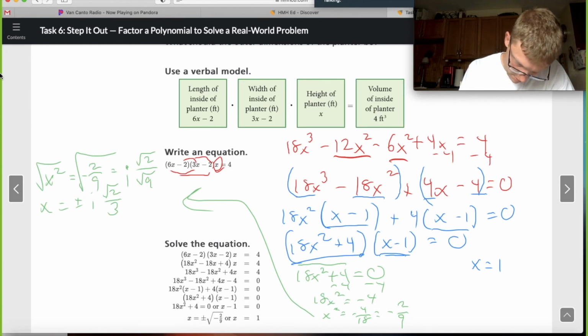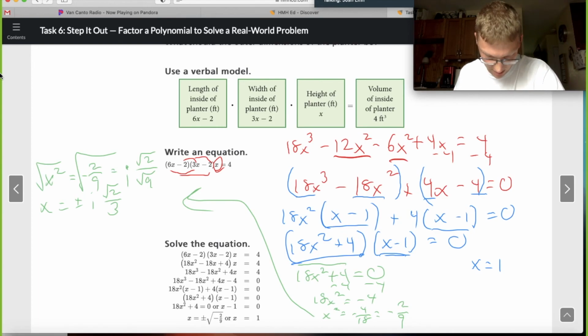So that's our equation there. I'm going to go out on a limb and say, since we're in the real world, I doubt that this is going to be useful for us, because how do you have an imaginary length or even a negative length? So I have a feeling that our answer is going to be x equals 1.